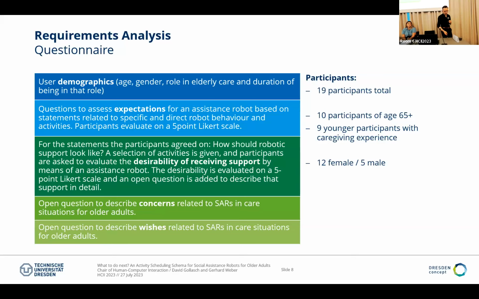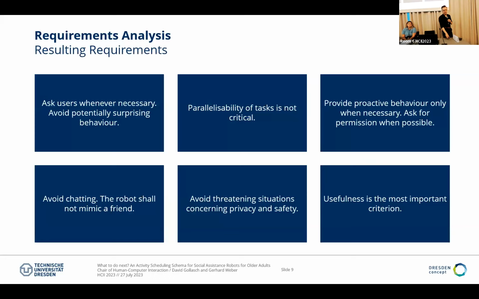Basically, there were some requirements and statements that I want to highlight. One critical thing is that we have to avoid threatening situations or unexpected situations, surprising behavior. That's something that really leads to low technology acceptance. And users always want to keep control over the robot.